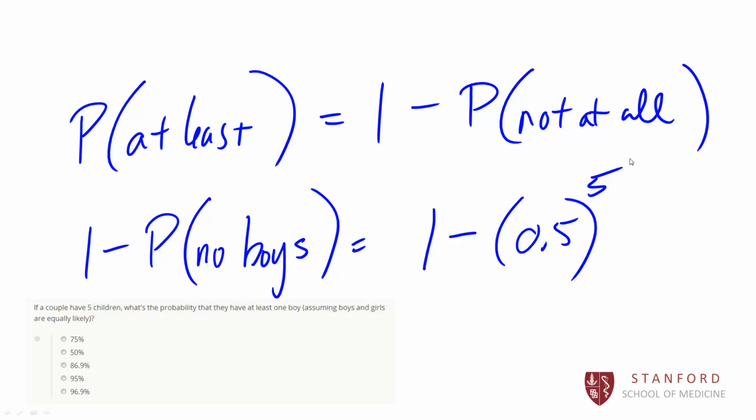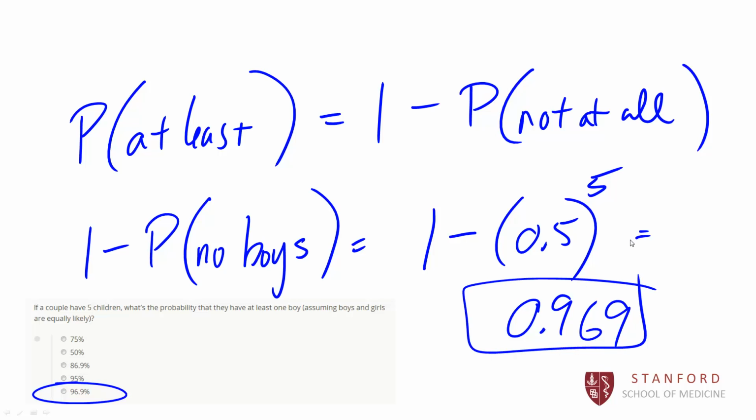And it's raised to the 5 because the couple has 5 children. So you do 1 minus 0.5 raised to the 5, and that works out to be 0.969, or about 96.9%. So answer choice D is the correct answer here.